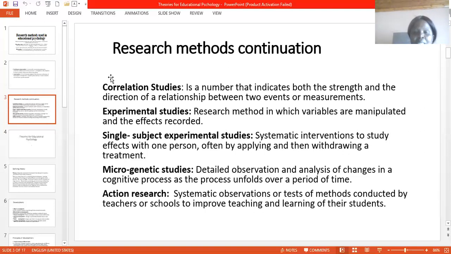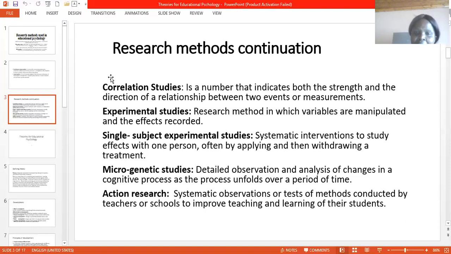The single subject experimental studies. This is a systematic intervention to study effects with one person, often by applying and then withdrawing a treatment. Microgenetic studies.